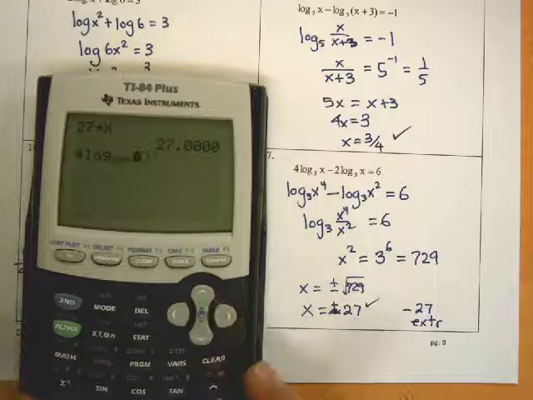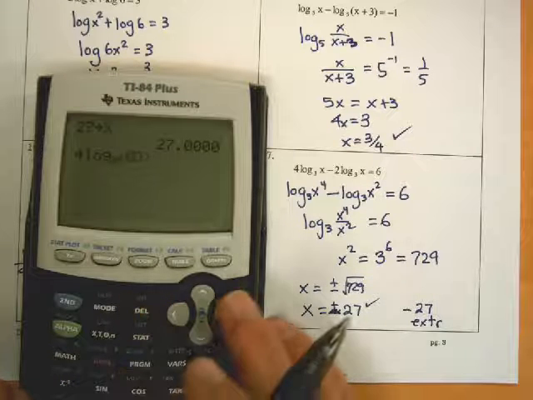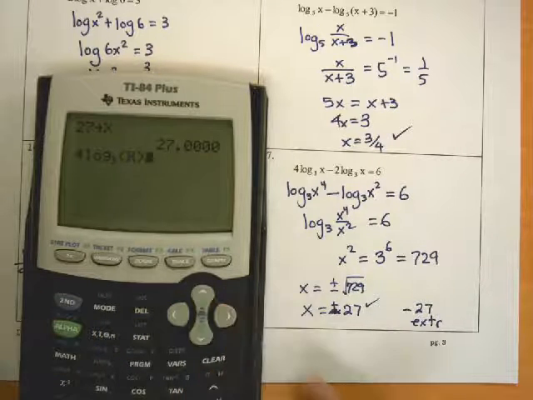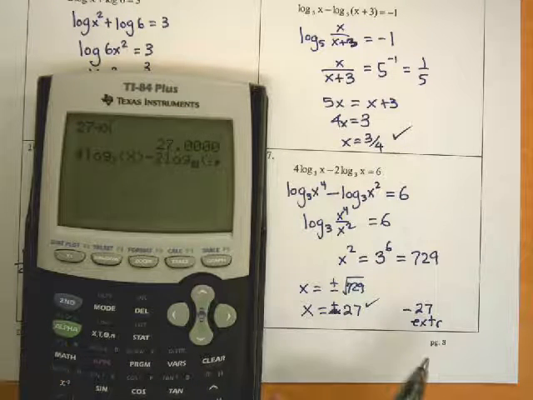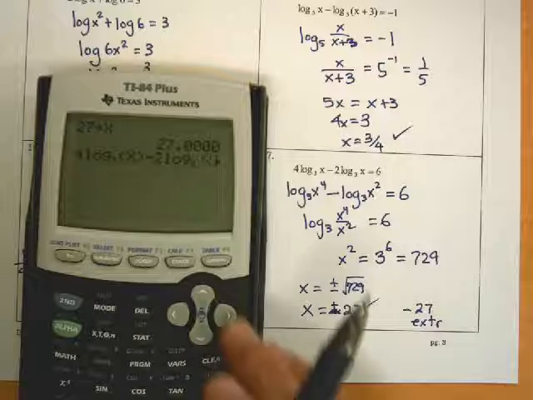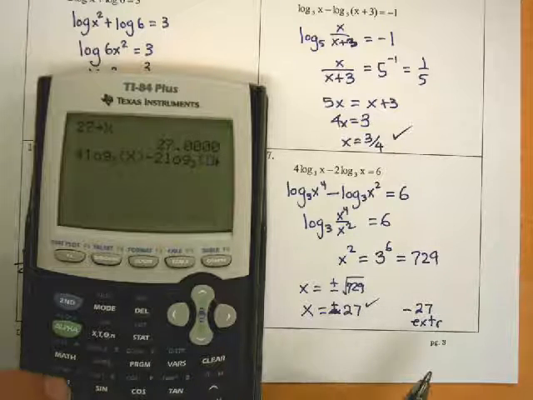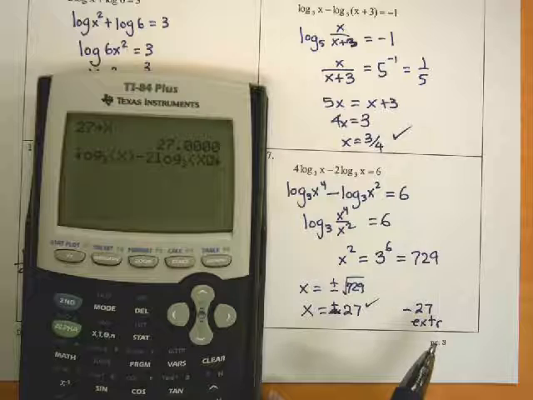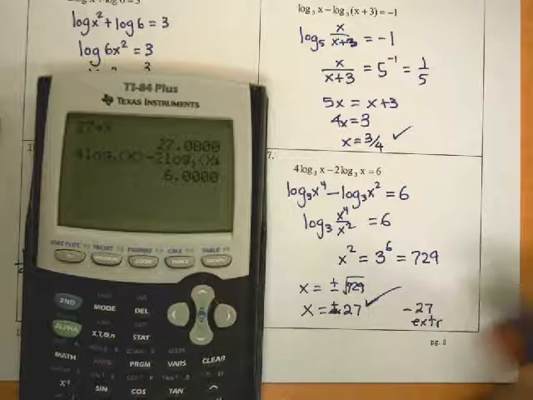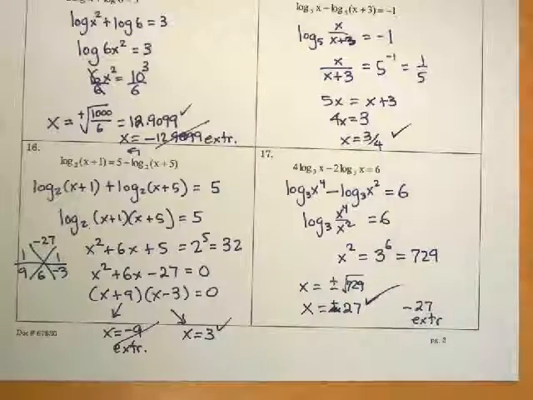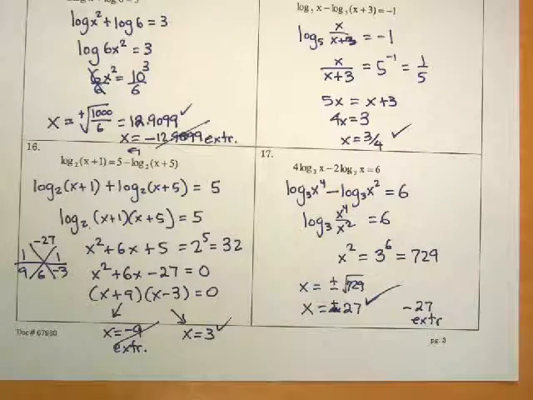I used math alpha math there. Minus 2 log base 3 of x, and we're hoping this equals 6. Legitimate. Okay, so that's page 3 of the notes for Algebra 2, Section 8.5.